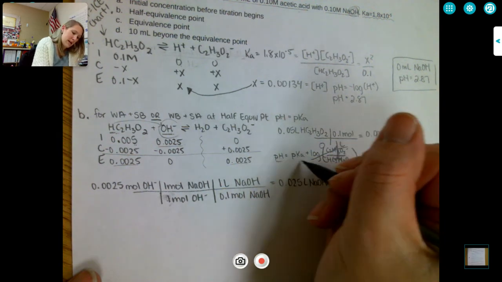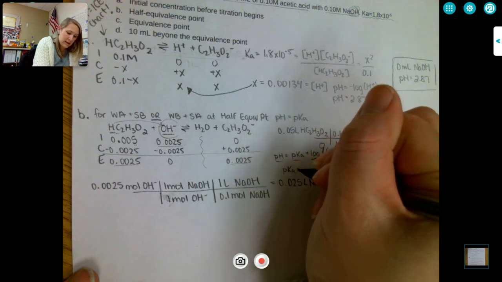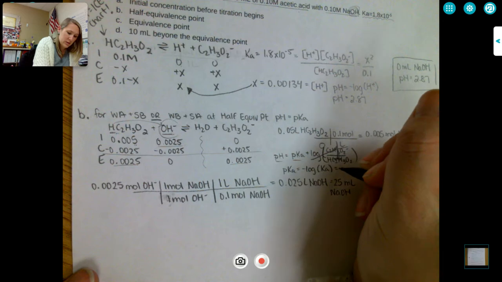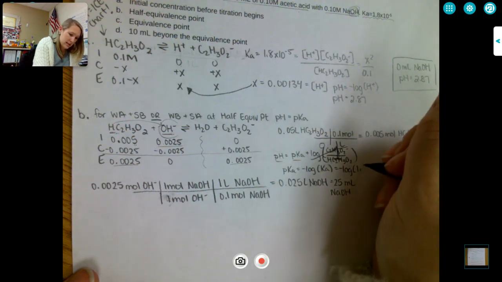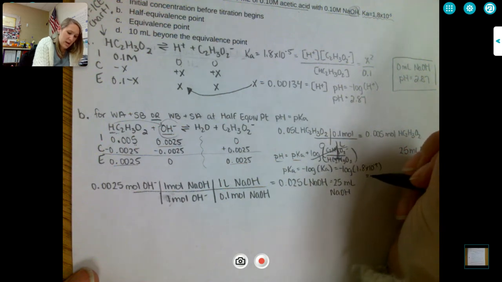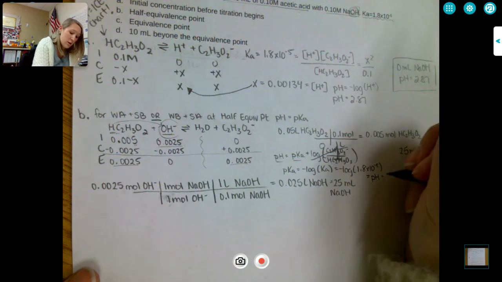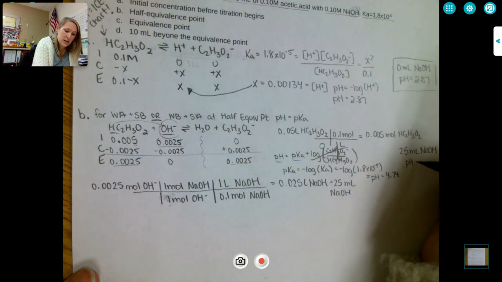So that means my pH equals my pKa. Well, pKa is the negative log of my Ka. So the negative log of my Ka, 1.8 times 10 to the negative 5, gives me a pH equal to 4.74. So I know my pH, 4.74.